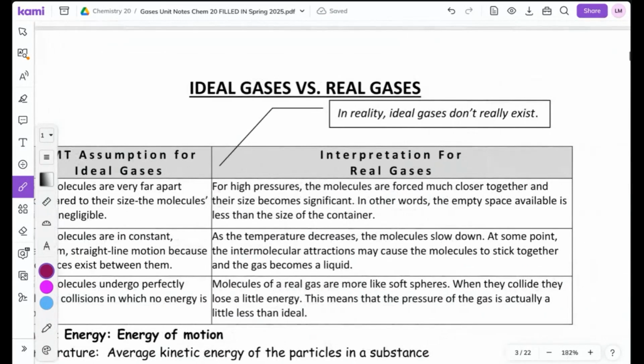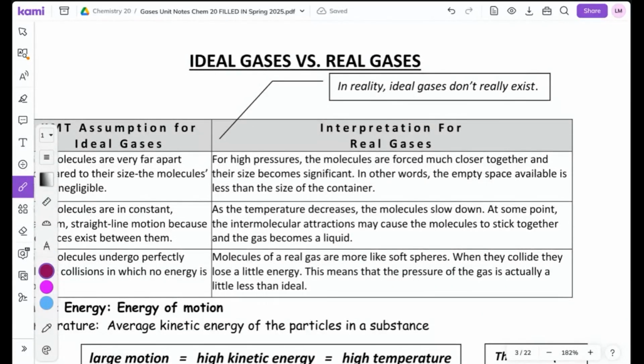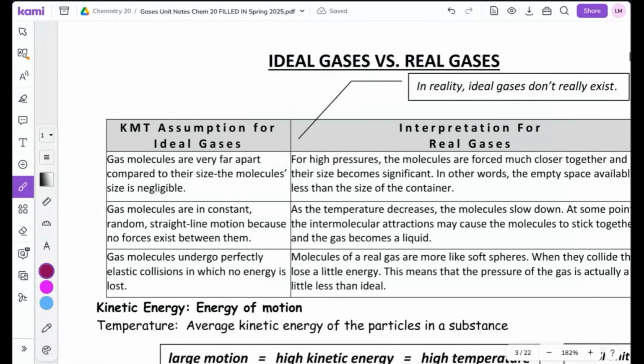However, in the real world, as the temperature decreases, molecules are going to slow down. And at some point, the intermolecular attractions, which could be London forces, dipole-dipole, or hydrogen bonding, may cause the molecules to stick together and the gas becomes a liquid.